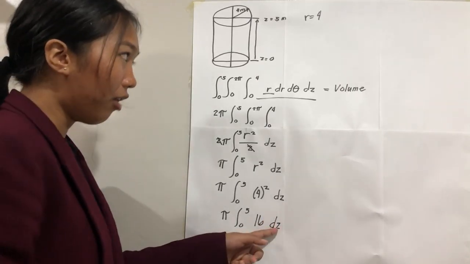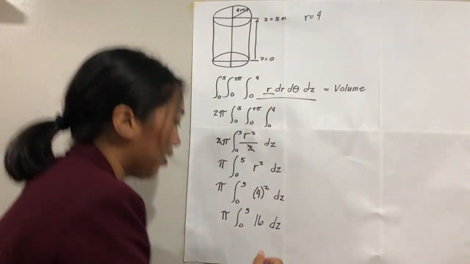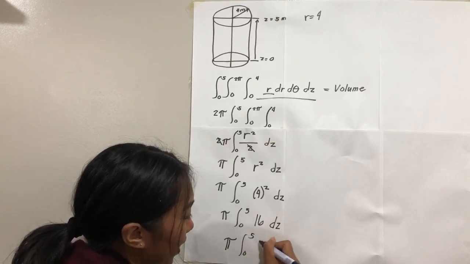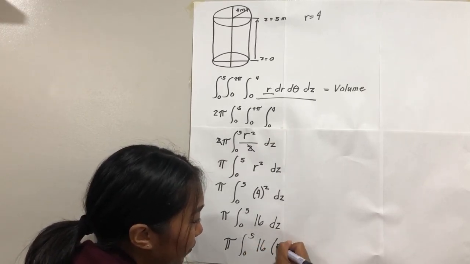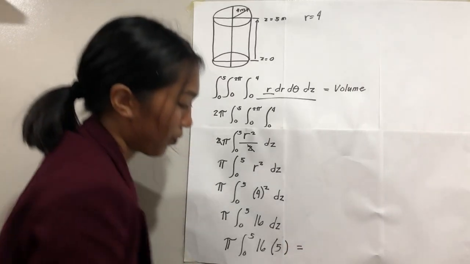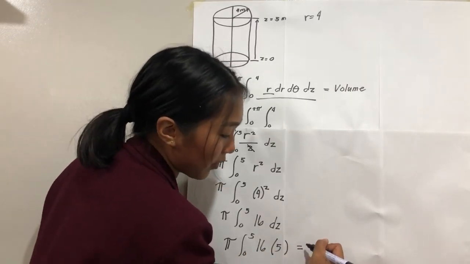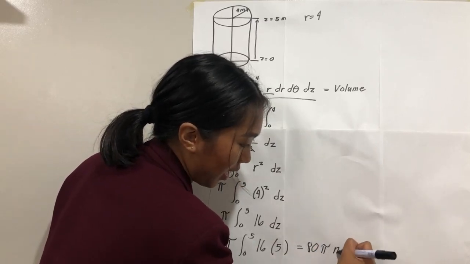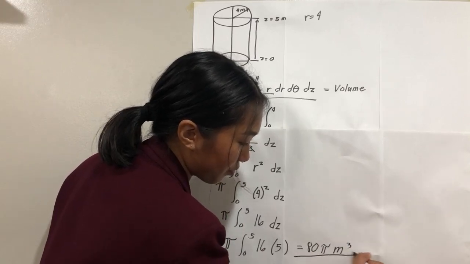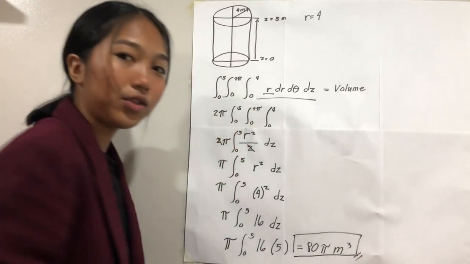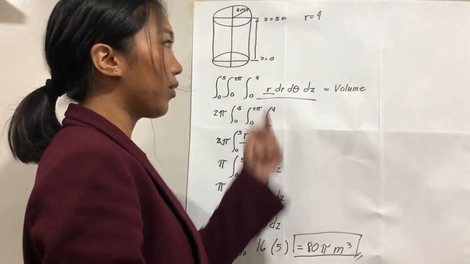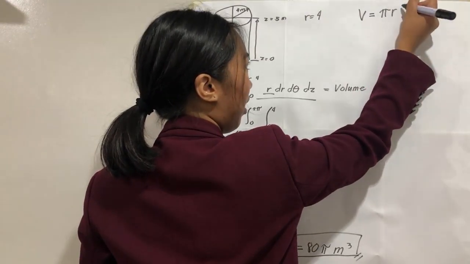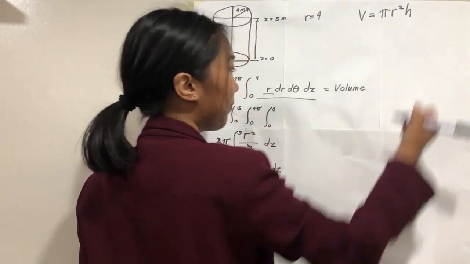Now, integrating dz, z is 5, so 16 times 5 is equal to 80. Copy the pi, and the unit is m³. To support this, we all know that the formula for the volume of a cylinder is V equals pi r squared times the height.